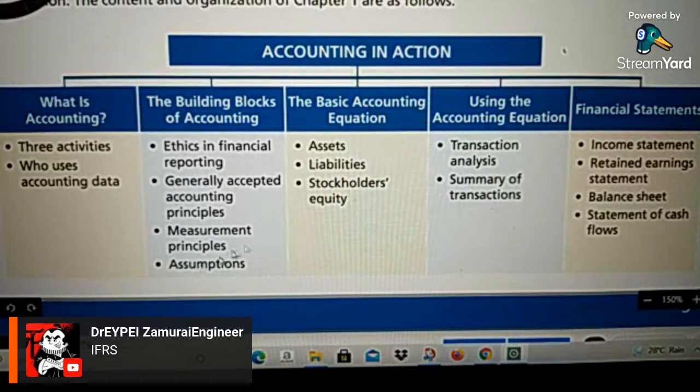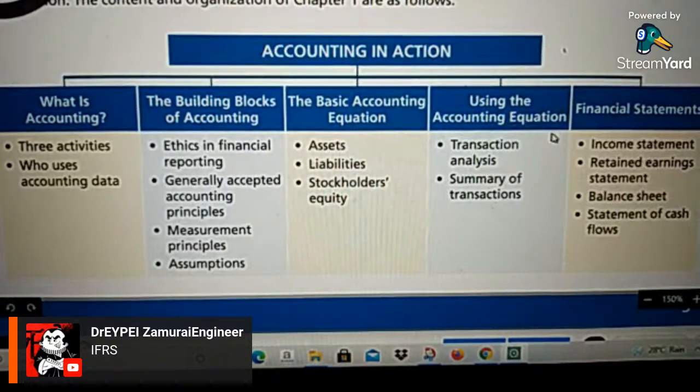We also defined and explained the major account names used in the accounting equation: asset, liabilities, and capital, together with their associated account names. Later on, we will do this in practical terms.